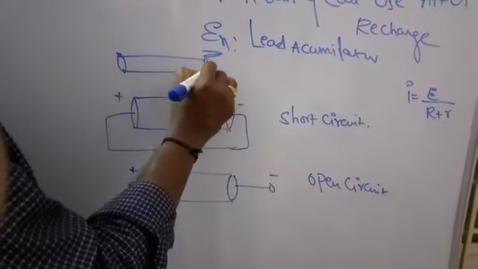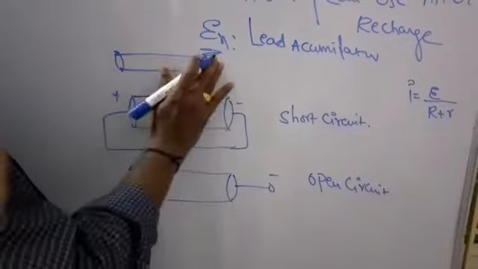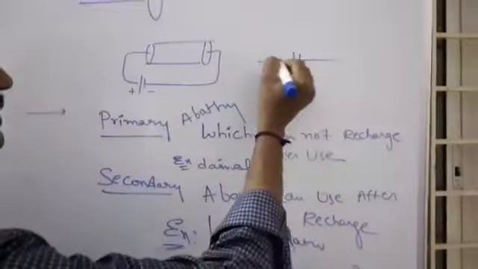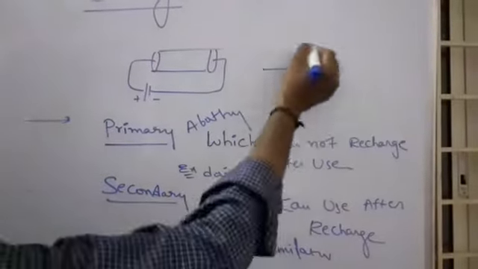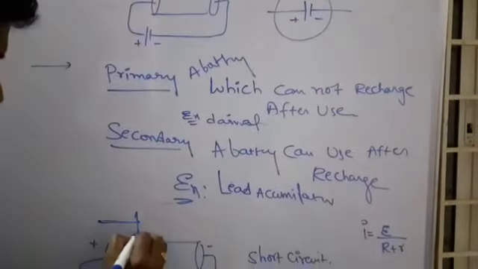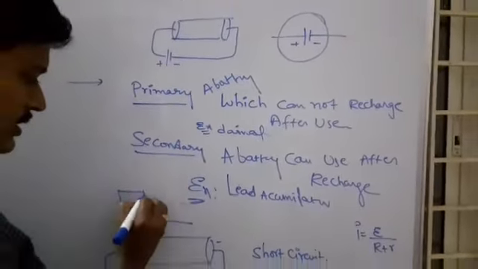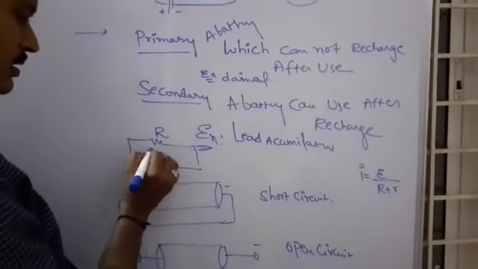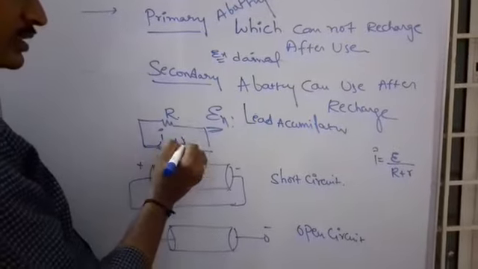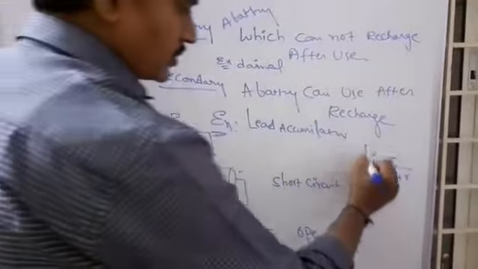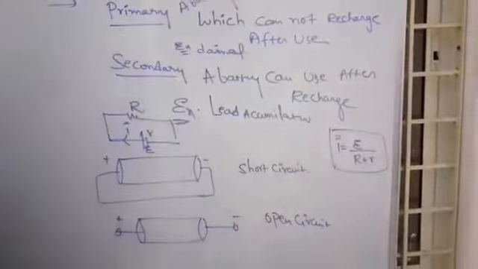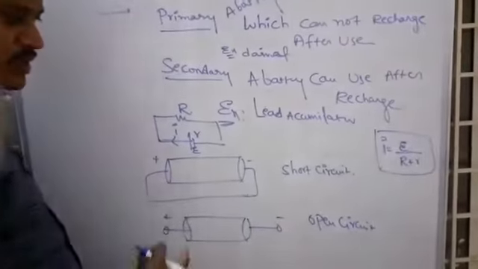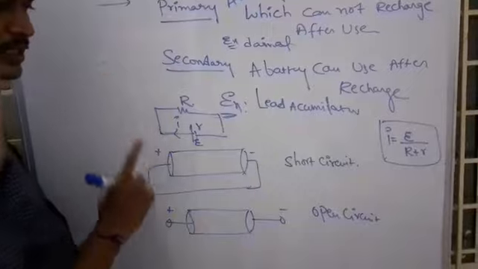This is the symbolic representation of a battery, connected with an external resistance. So the current through the cell is I is equal to E by R plus r, that is, external resistance plus internal resistance.